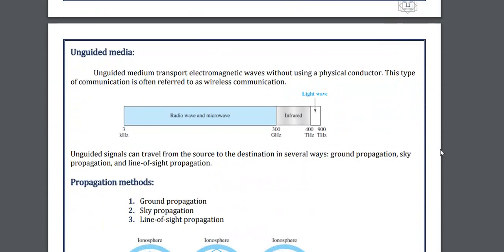Now we are entering into unguided media. In unguided media, the frequency range from 3 kHz to 300 GHz is for radio wave and microwave, infrared is 300 to 400 terahertz, and then 400 to 900 terahertz is for light waves.